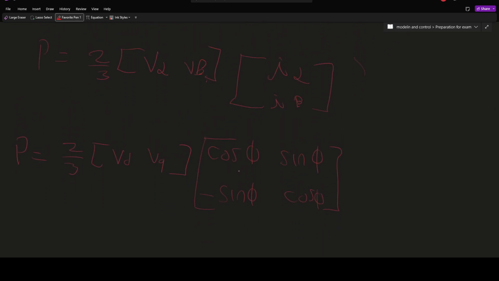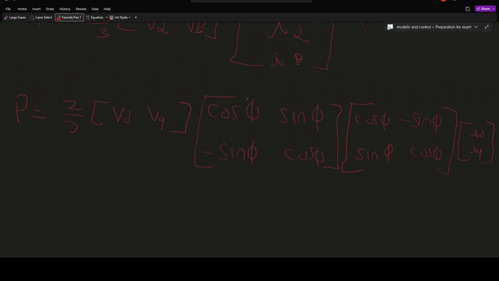So this is the transformation matrix for the dq component of the voltage, and this is the transformation matrix for the dq components of the current. So sine phi, cos phi, and they are transposed because the matrices are in a transposed form. Okay.